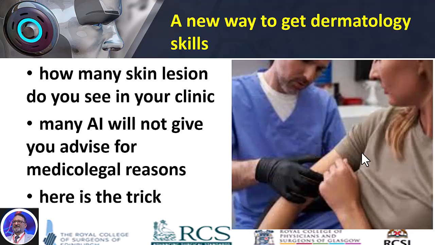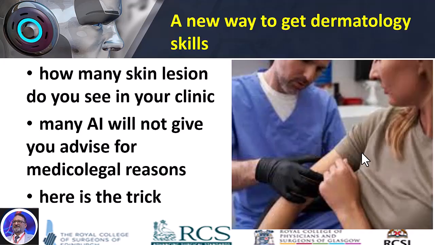We all have faced this problem with a lot of patients in our clinic on a daily basis. How many skin lesions would you see in your clinic? You would say probably 2 to 3 per day. And has anyone used AI to get an answer? We usually say, you can go and see a dermatologist because it is not my specialty.